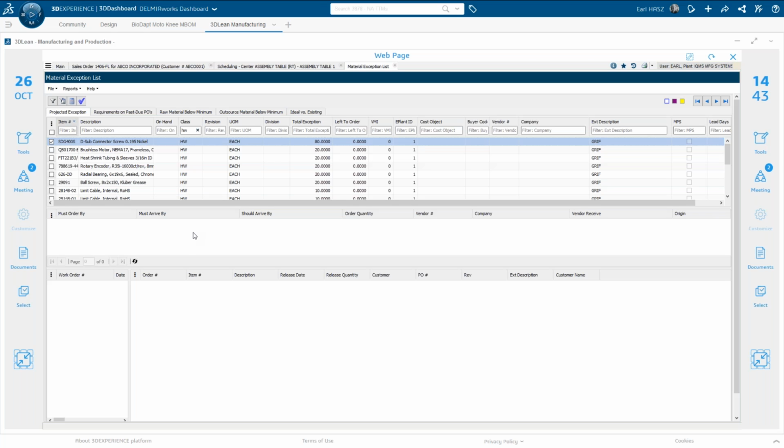I can keep track of what the lot numbers are, know exactly when it's been received, where that inventory has been moved from one location to another, so that I can keep track of that all the way through the manufacturing process till that final finished good is shipped out the door, and we can keep track of that information throughout.